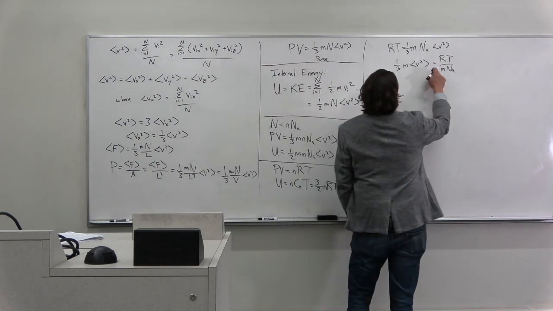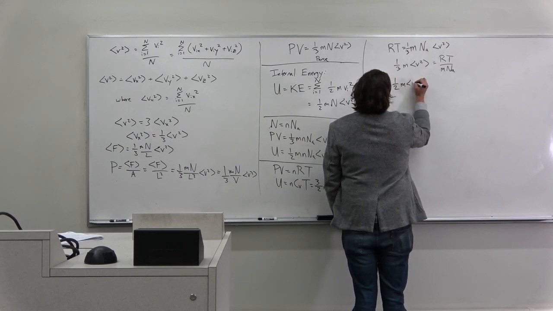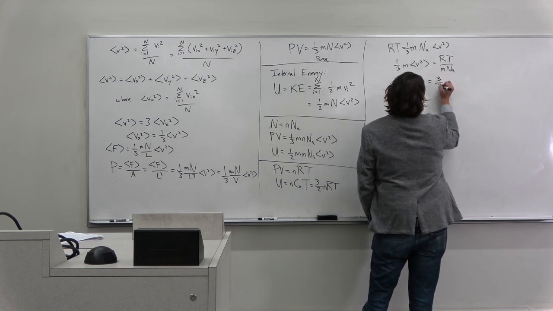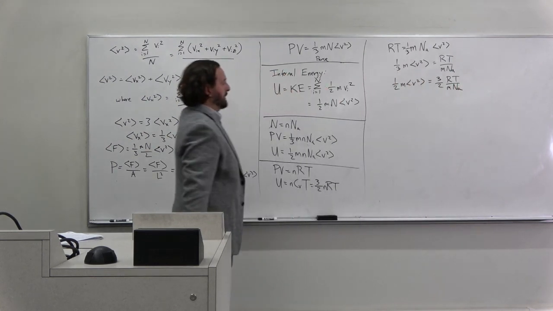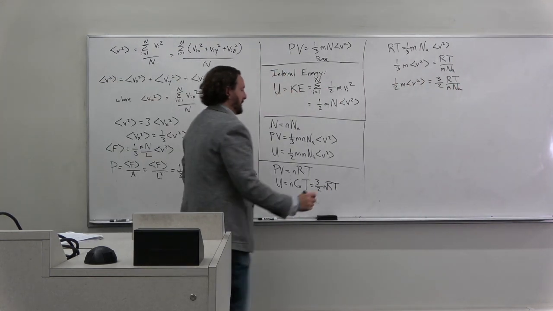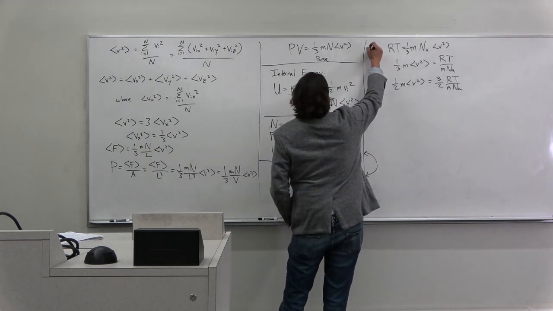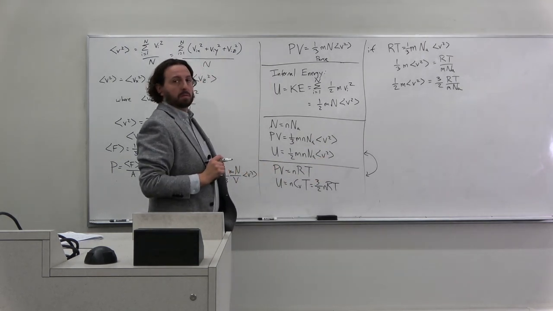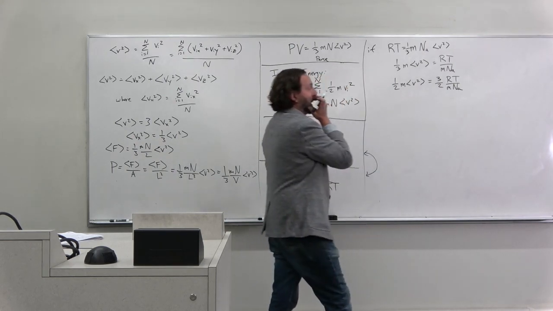I'm going to put the 3 over there, but then I'm actually going to multiply each side by 1/2. So these would be consistent if this were true.